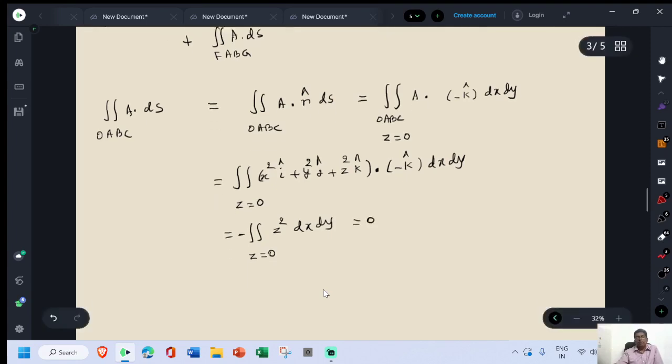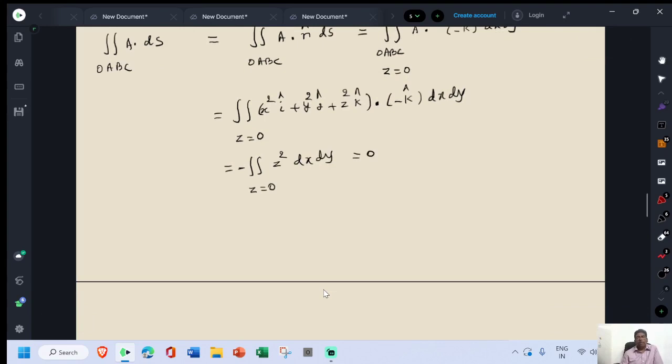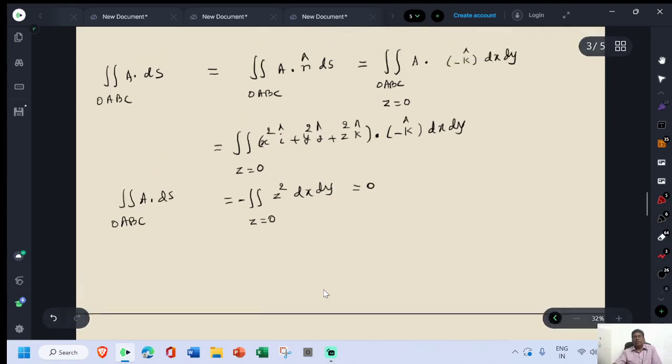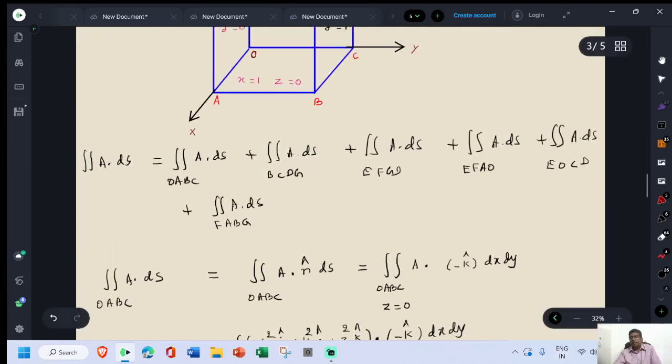So the integral A dot ds OABC equal to 0. So the first integral, this value is 0.